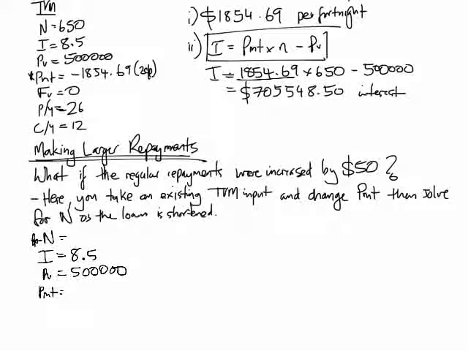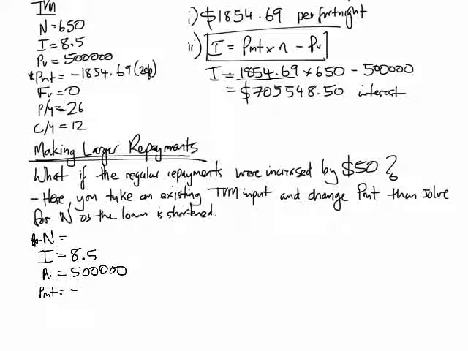Now just be careful, because you're not just going to add 50 to it. PMT is negative, and that's because it represents the money going away from you into the bank. So if it's already negative, when you're adding $50 on, you're actually taking it away.